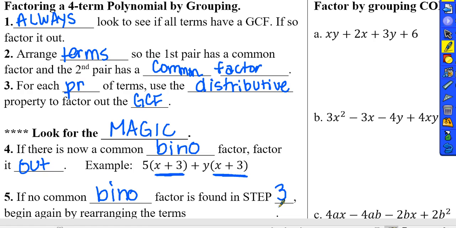If no common binomial factor is found, the polynomial cannot be factored. Have to try something else. Okay. Helpful hint. Here it is, the helpful hint. When factoring a polynomial, make sure to write it as a product.